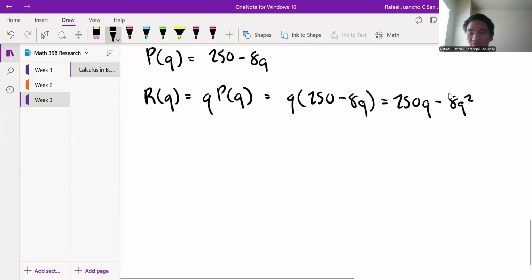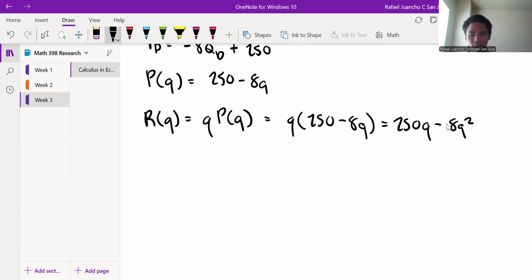This is a parabola. So we have our revenue now, our revenue in terms of quantity. If we plug in some quantity of pizzas, we will get a revenue.